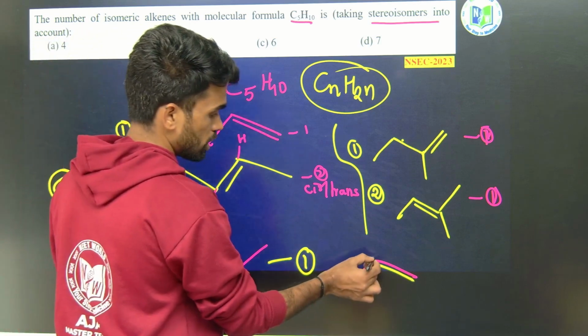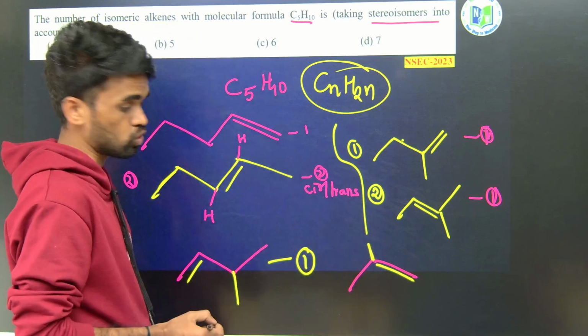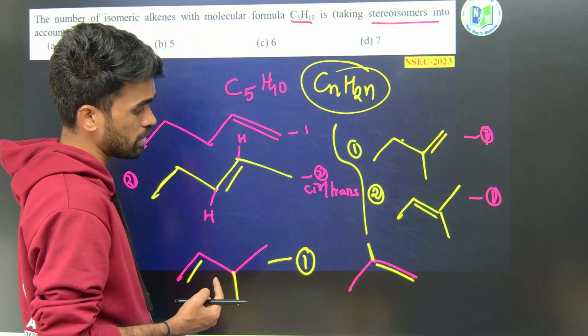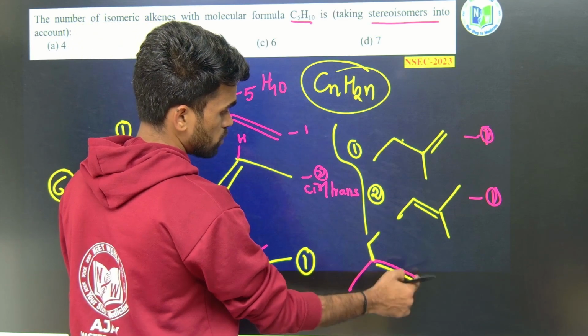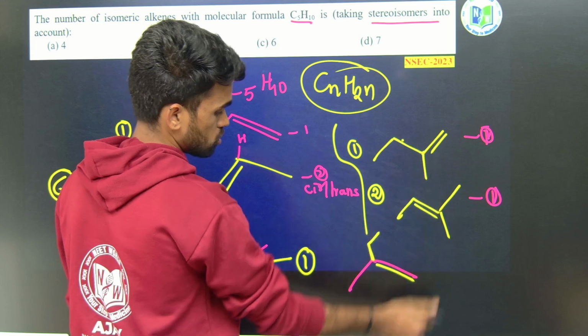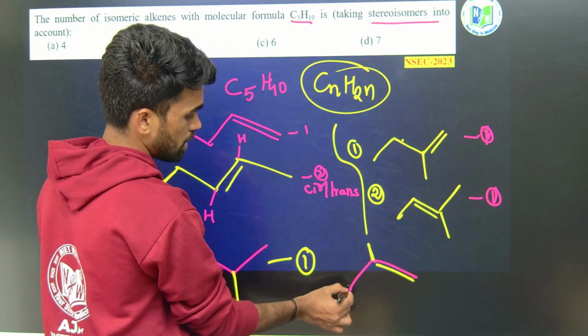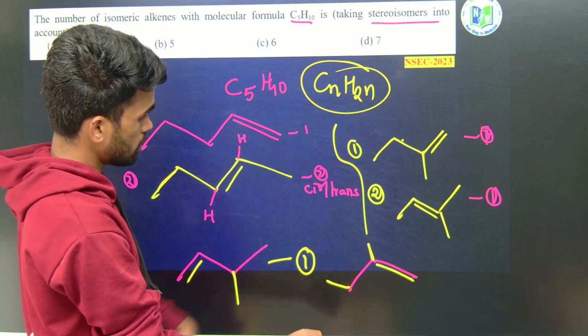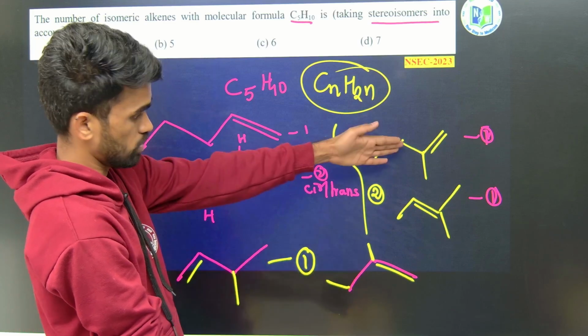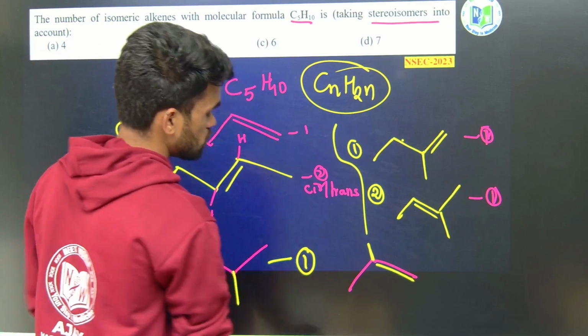So here you can keep one double bond, one methyl group, and is there any other possibility? No. So if you put it like this, 1 2 3 4, that is nothing but something like this. So this is not possible. And if I place it here, this is nothing but this one. So it means there are no other possibilities.